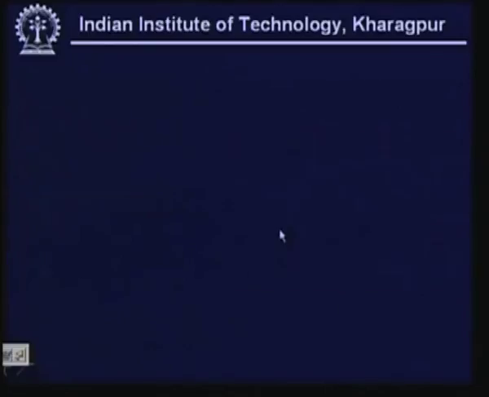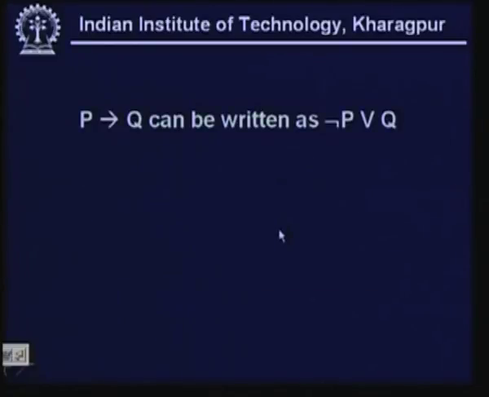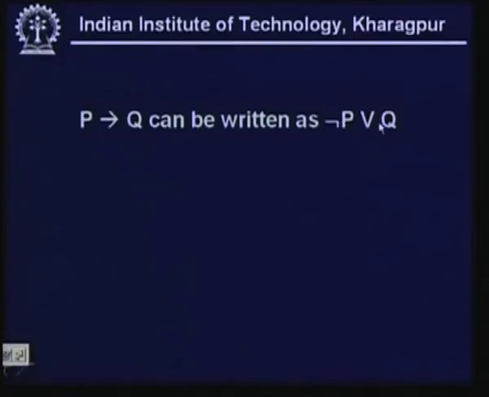All right. Now, why is it true? Is modus ponens a valid, correct inference rule? Let us look at that. P implies Q can certainly be written as not P or Q, that we have seen in the last class, they result in the same truth table.